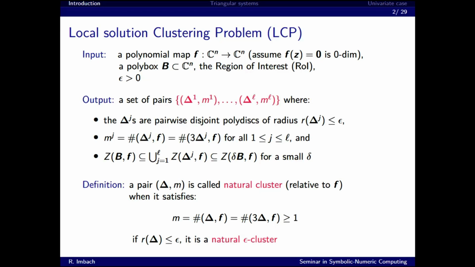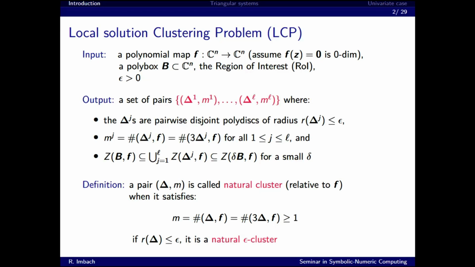I think people understand this plus delta thing much better if you explain the motivation, why we have to do that. This is not really the point of my talk. But if you want to understand why you define this problem, the reason is that if there are solutions on the boundary or very close to the boundary, it will be impossible to say if the solution is inside or outside the box.